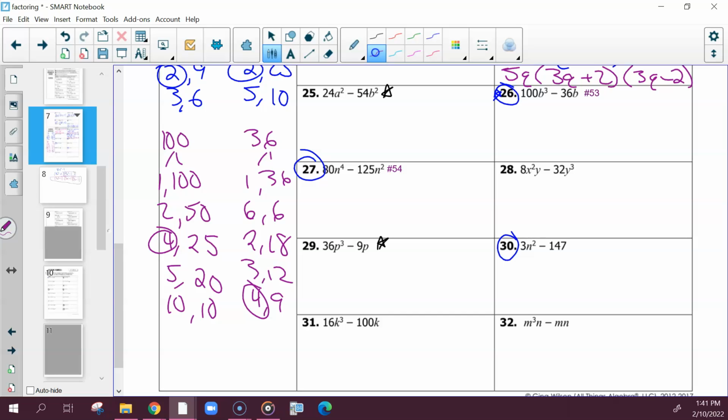So if we were to divide out a 4, is 4 the only thing these have in common? No. What else do they have in common? The b. So if we divide both of these by 4b, what's left?